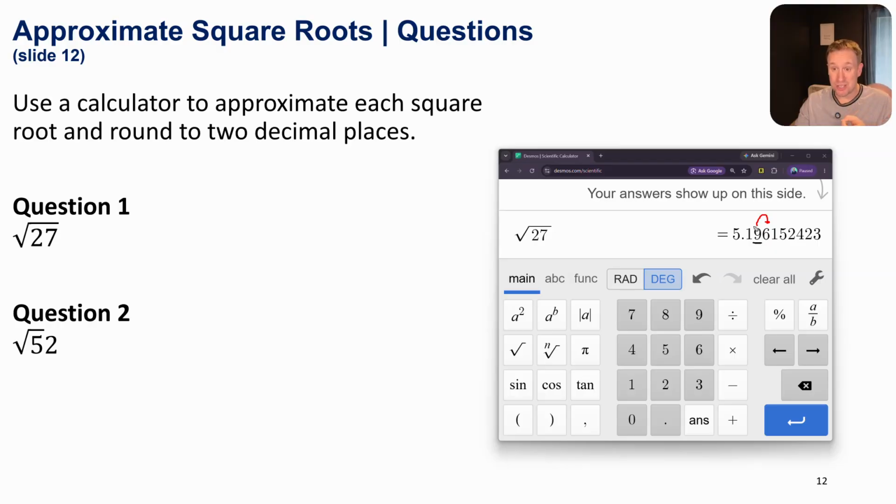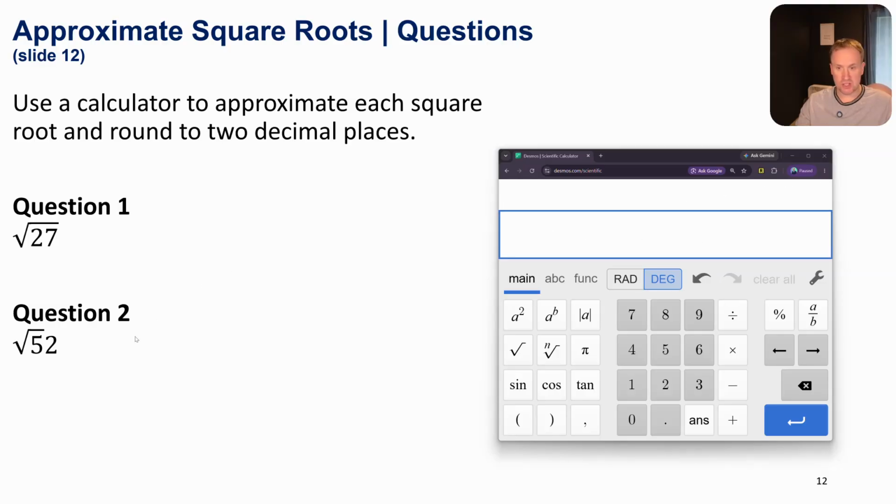So we even need to go to the next place here, to the tenths place, and that becomes a 2. So in other words, this would round to 5.20, 5 and 20 hundredths, or you could even just leave it as 5.2, 5 and 2/10, depending on the particular structure a quiz might be asking for.